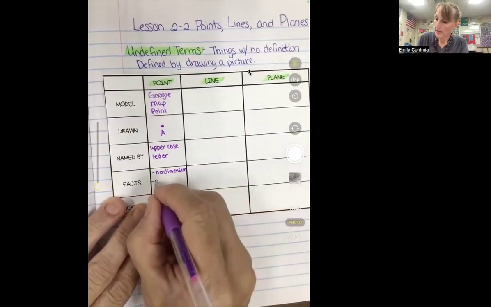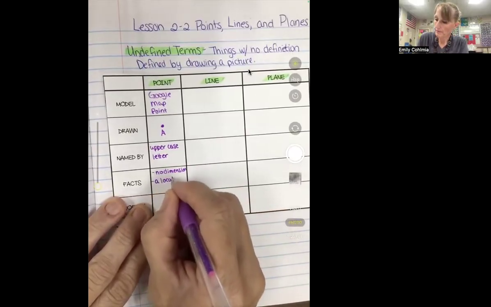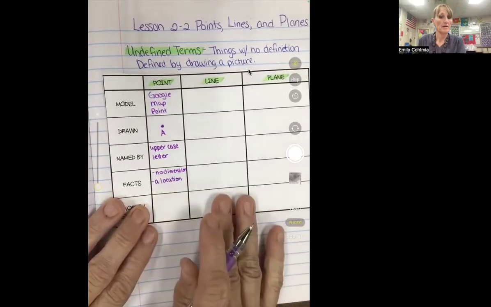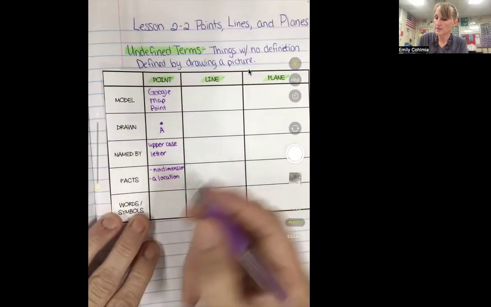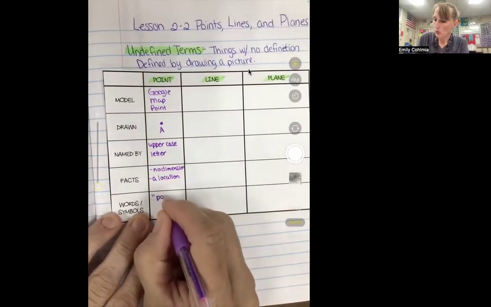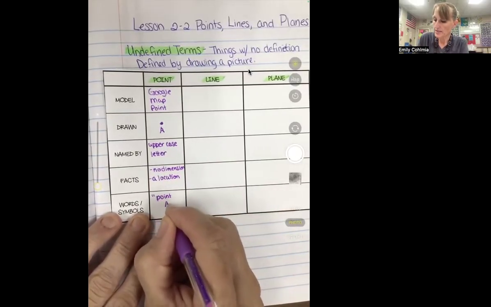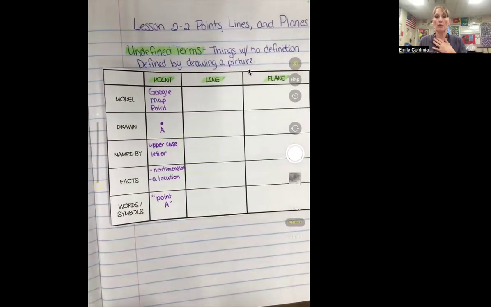They are simply a location. And then the last one is words or symbols. I'm going to say this as point A. I can't just say A because we're going to learn that there are a whole bunch of different things that get named, and just saying A could be a lot of different things.